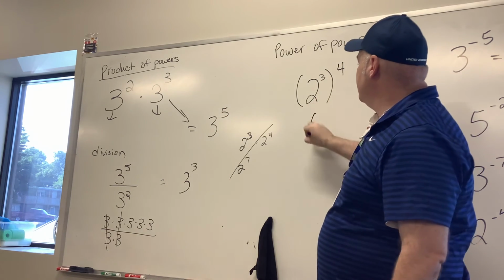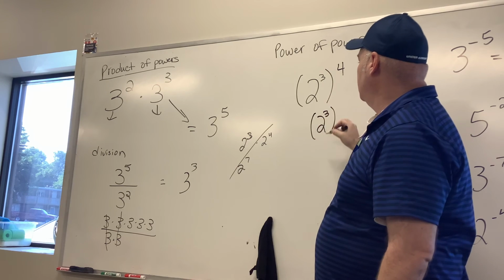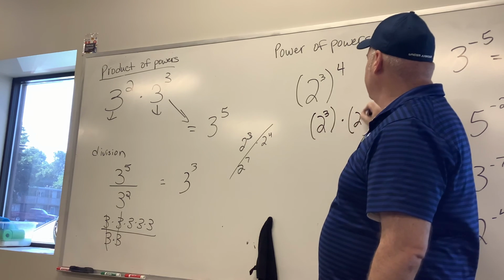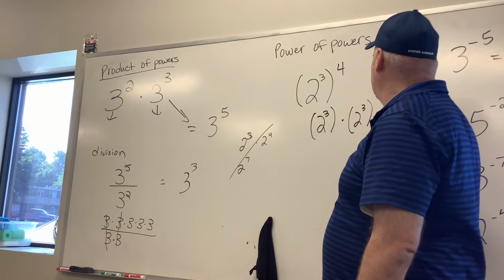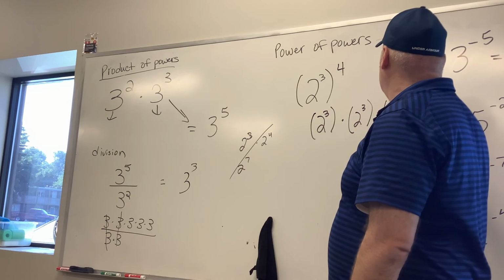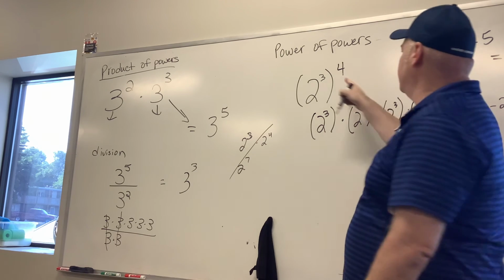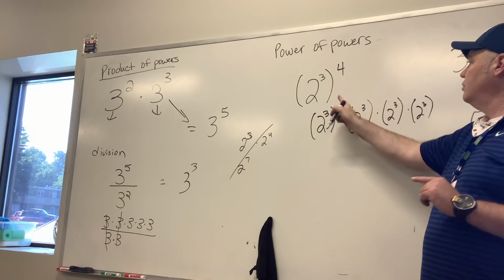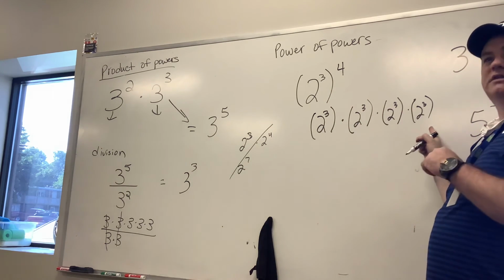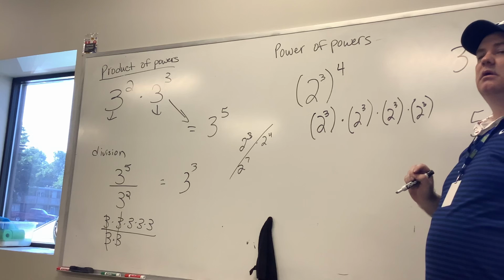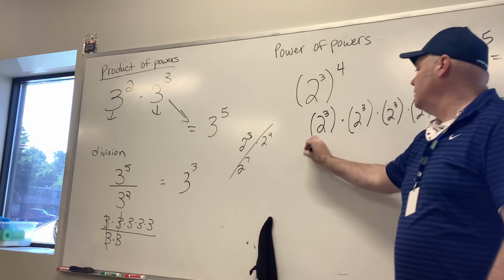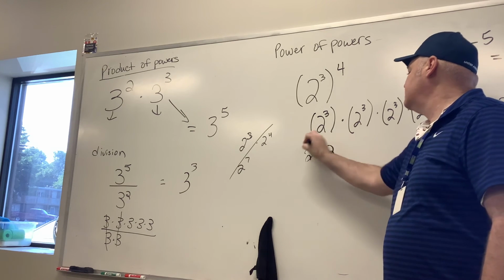This is taking 2 to the third and multiplying 2 to the third 4 times. Right? Anytime you have a power, you are taking it times itself 4 times. So written out in long form, it looks like this.